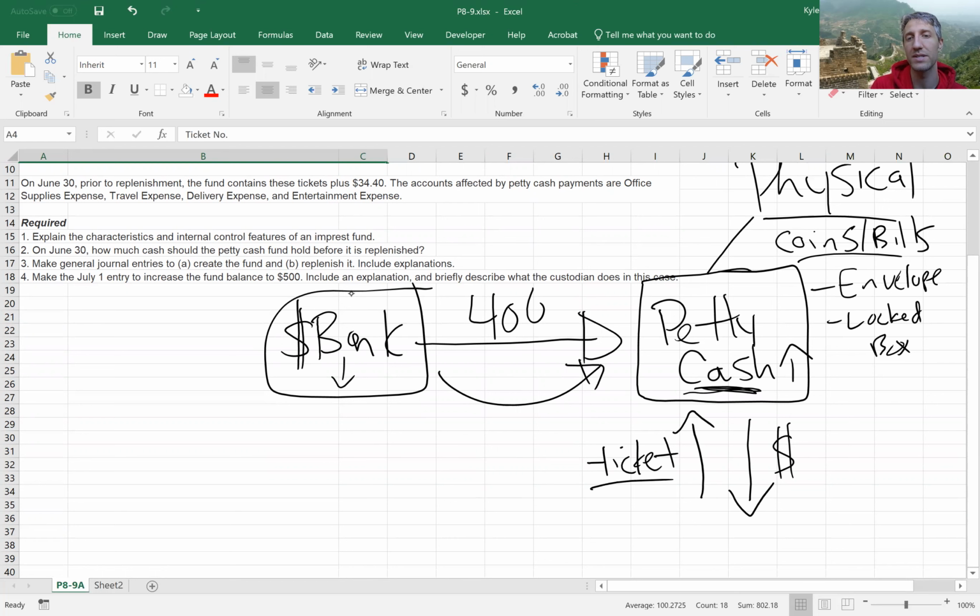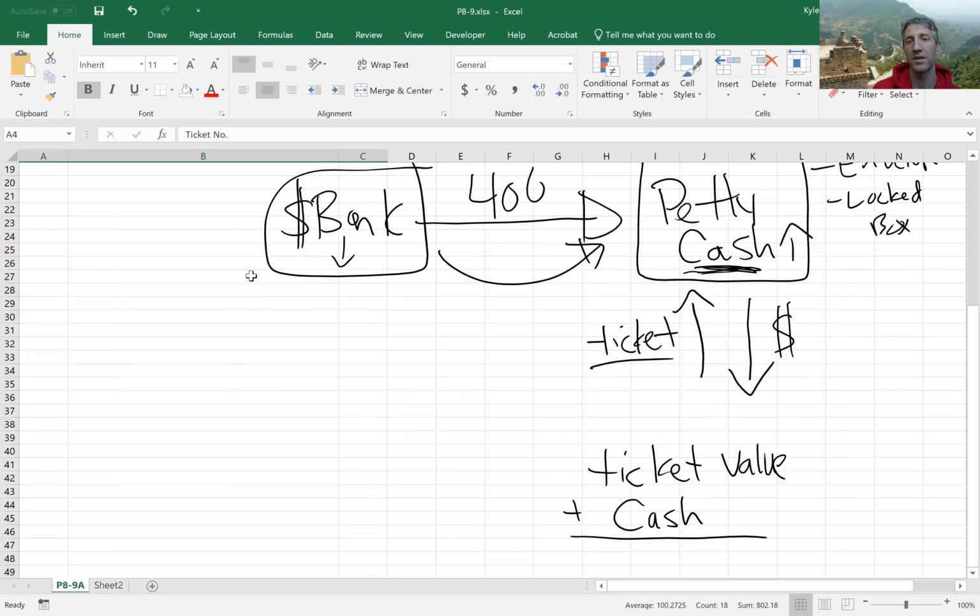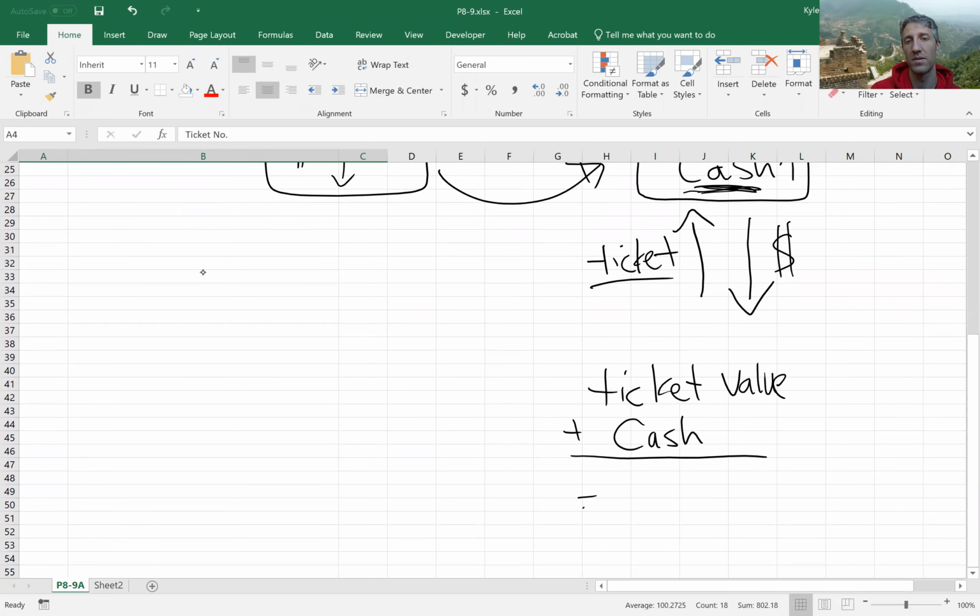This is kind of like a receipt as verification the purchase was for a legitimate reason. So because a ticket goes in and the ticket has the amount, the ticket value plus the physical cash in the petty cash balance equal the petty cash target balance.